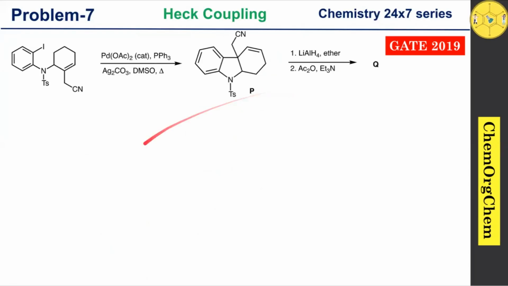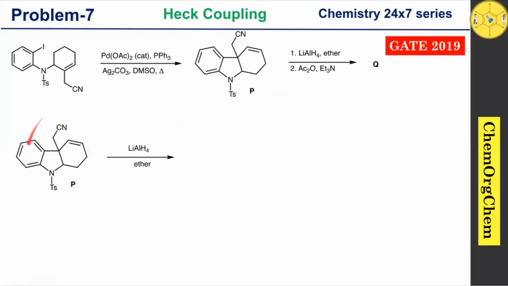When it comes to our substrate, product B, you can see the functional groups present: an alkene, a nitrile, and a tosyl group. However, lithium aluminum hydride doesn't touch the alkene or the tosyl part. So the only reactive functional group is the nitrile. Therefore lithium aluminum hydride reduces this nitrile into the corresponding amine.